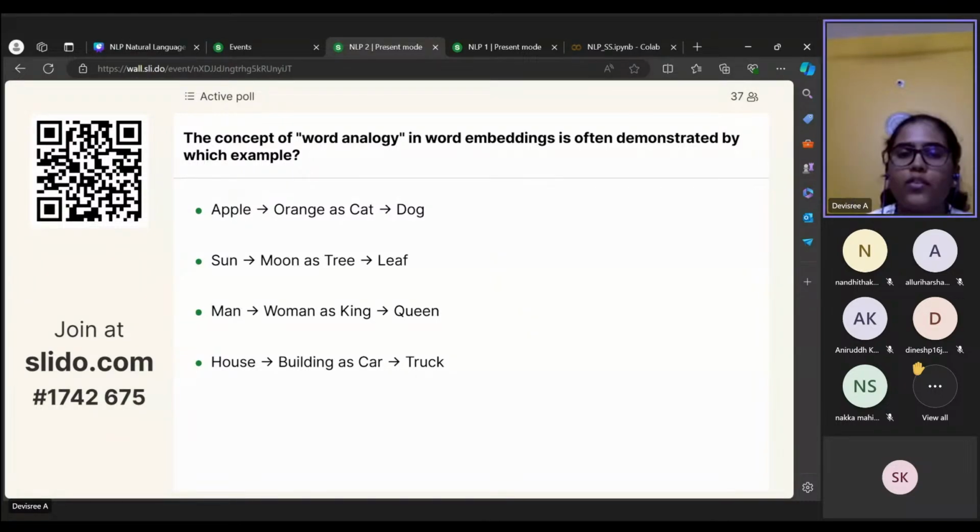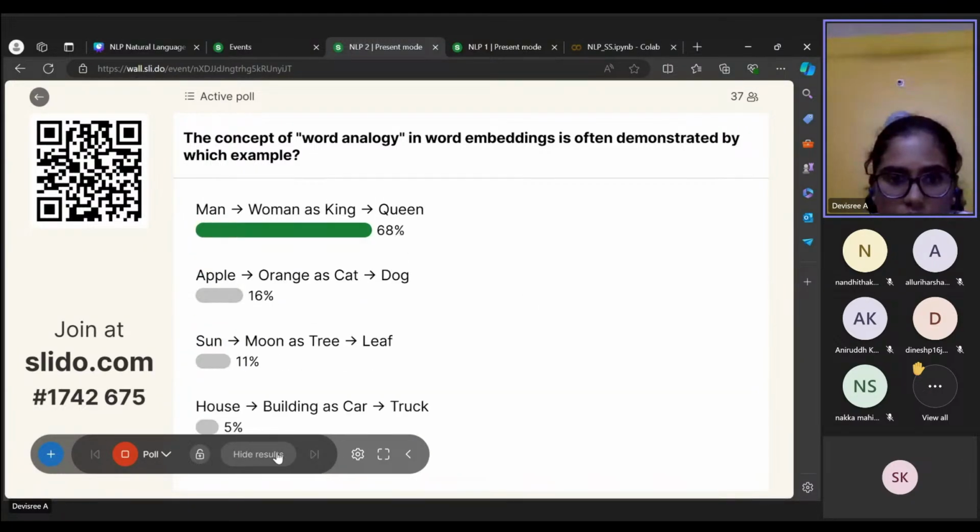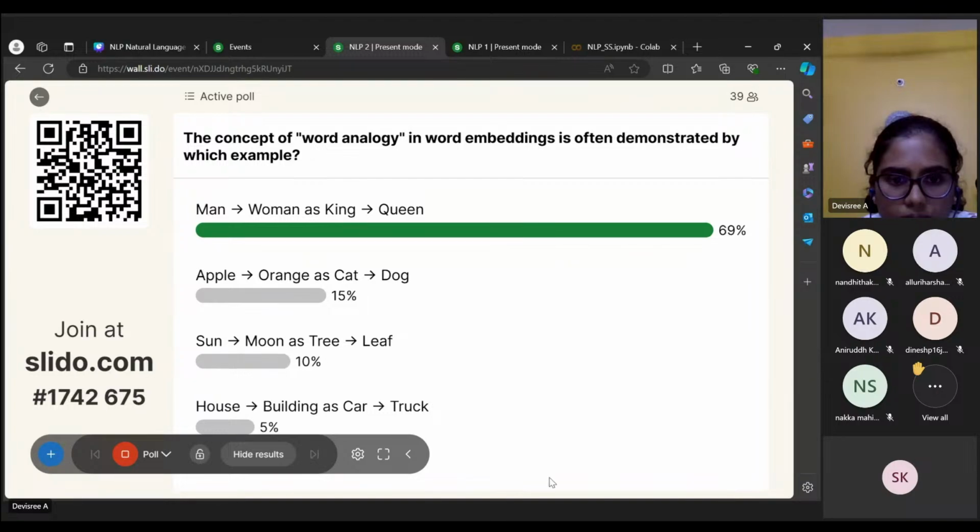This question involves one of the key concepts of word-to-vec I had just explained. So let's see the results. Okay, as most of you have answered, man to woman as king to queen. This demonstrates the perfect word analogy in word embeddings.